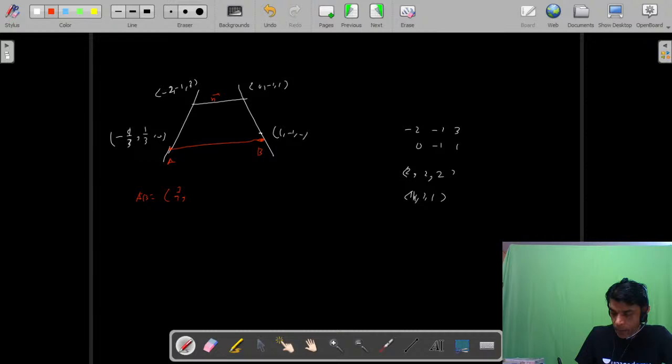So your answer is 7 by 3 minus 4 by 3 plus 0, upon root of 3. So you get 1 over root 3. This is your answer, 1 over root 3. So we got this as the shortest distance between two lines. So one line is given in symmetric form, one in general form. So first reduce it.